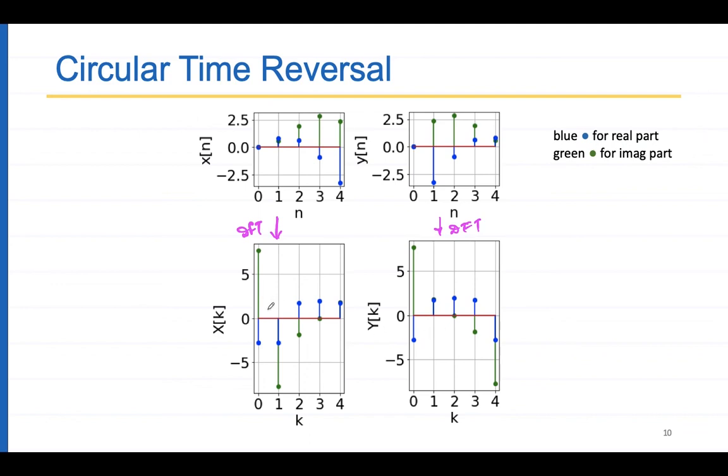But now you notice that this y of k is simply X of minus k modulo 5 here, because the sequence is of length 5. So here capital N is equal to 5, right? This is what you observe. The zeroth component stays constant and everything else gets flipped.